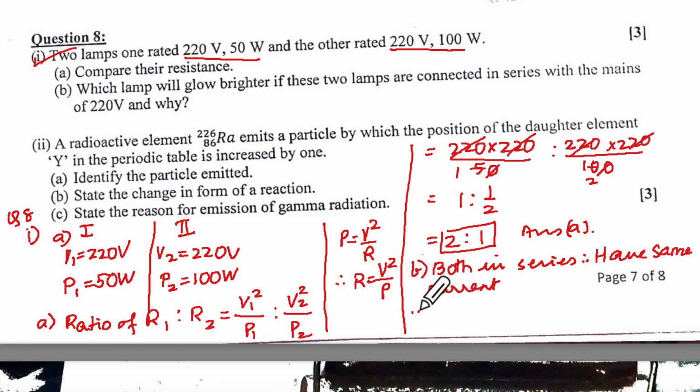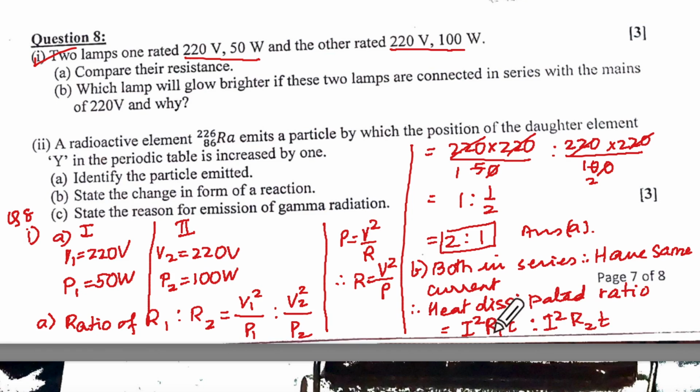So the ratio of it is going to be equal to I square R1 T is to I square R2 T. Now current is the same.